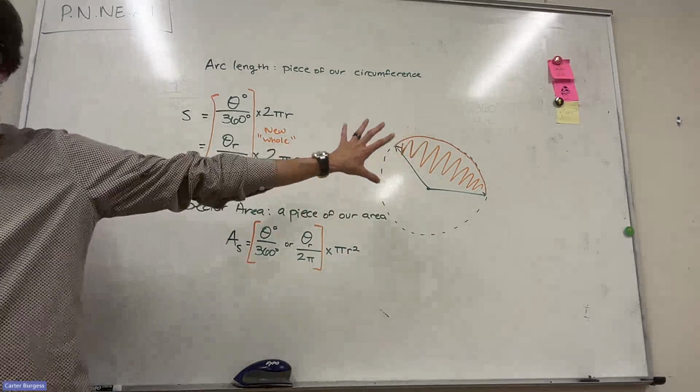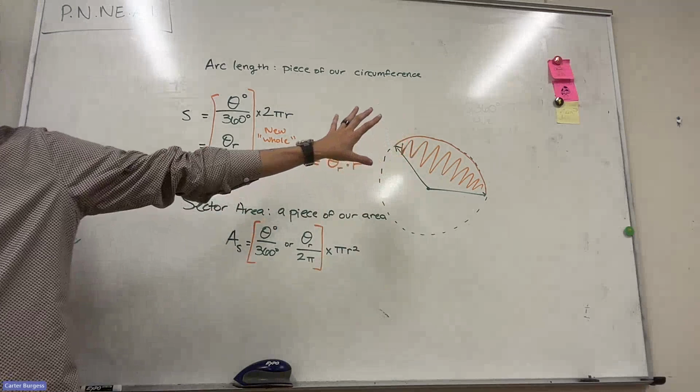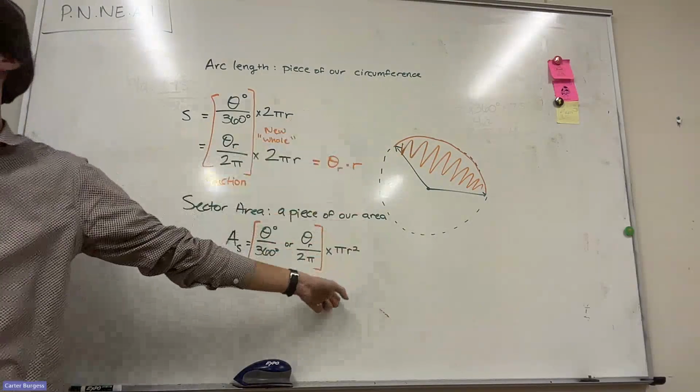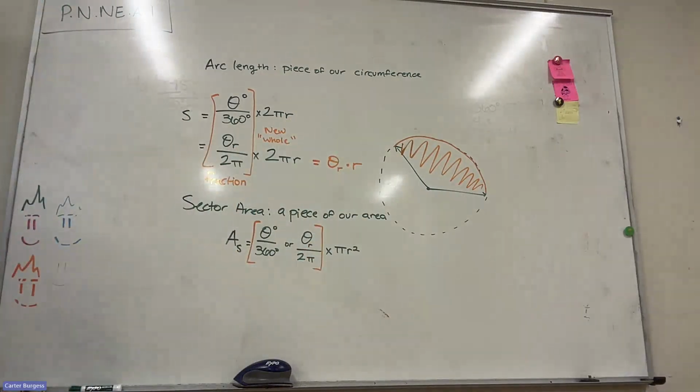Hopefully it's the exact same thing that we just did, but now we're changing it to be either a piece of our circumference or a piece of our area rather than a piece of our degree measure or a piece of our total radian measure. But exact same logic. Totally pervasive throughout this whole thing.